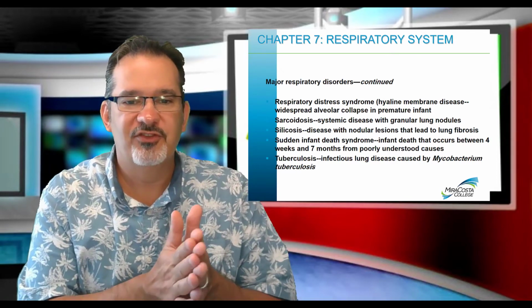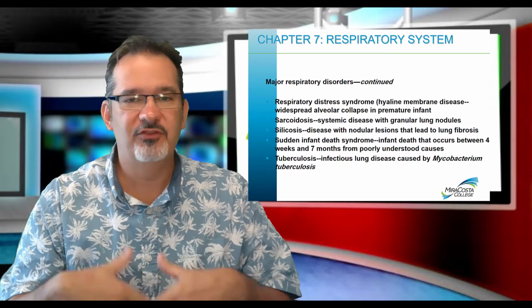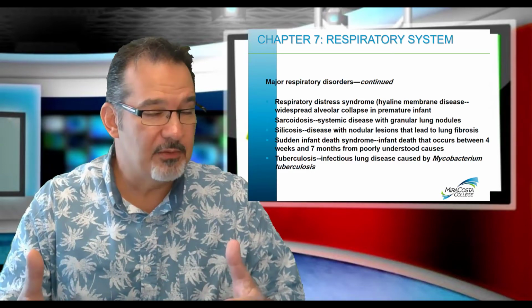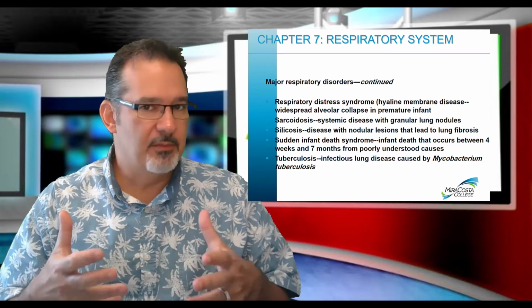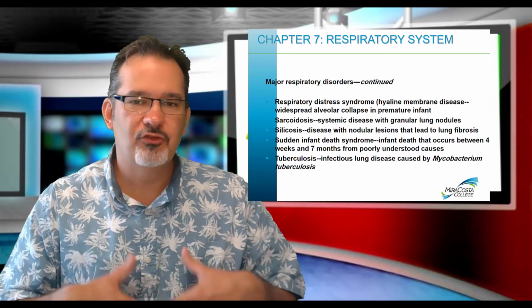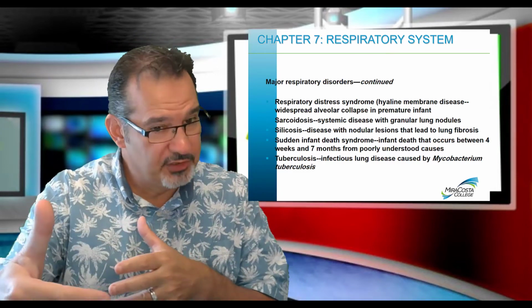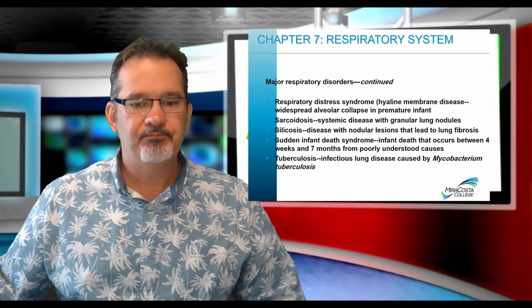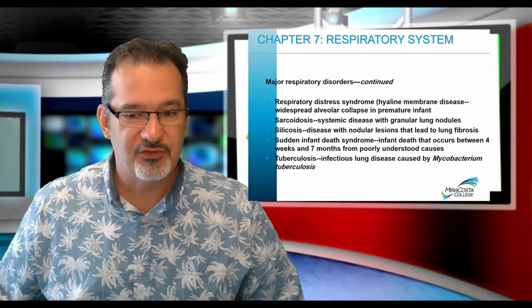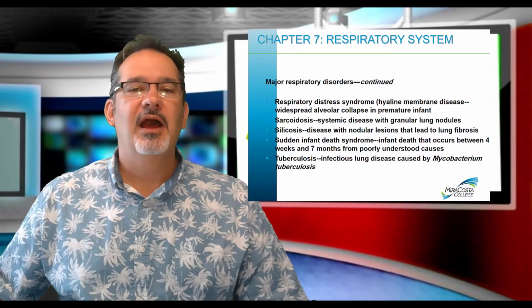It says it's a systemic disease with granular lung nodules. So these nodules form. They may or may not be serious, may or may not lead to problems, but sarcoidosis is a creation of tissue-like material. Okay. And then tuberculosis, infectious lung disease caused by the Mycobacterium tuberculosis.